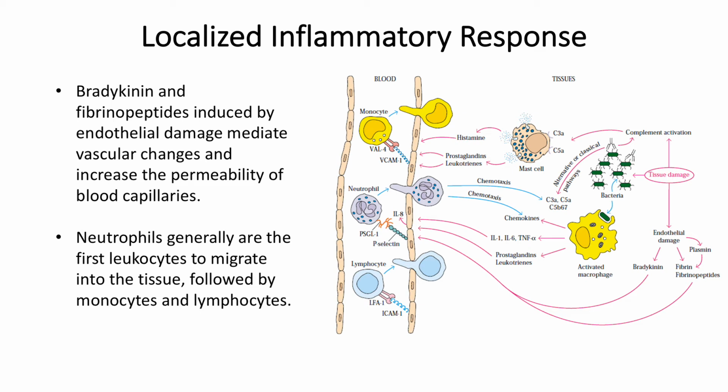These 3 are released from the site of tissue damage, and then they go to the vessel and mediate vascular changes and increase the permeability of blood capillaries. By increasing the permeability, it helps the release of monocytes, neutrophils, lymphocytes from the capillary, so that they can go to the site of tissue damage and help eliminate the pathogen from the site.